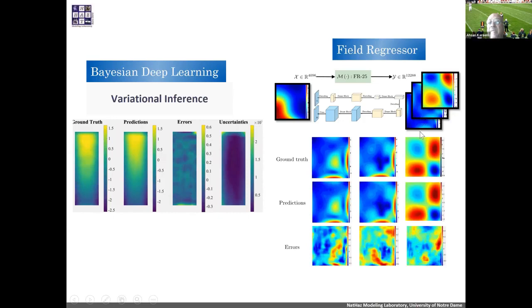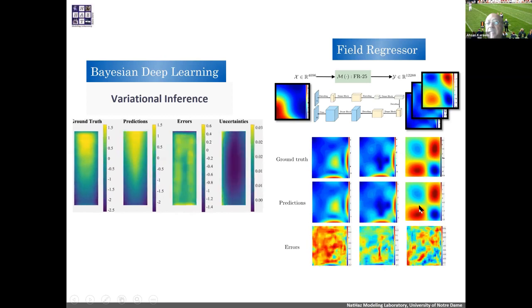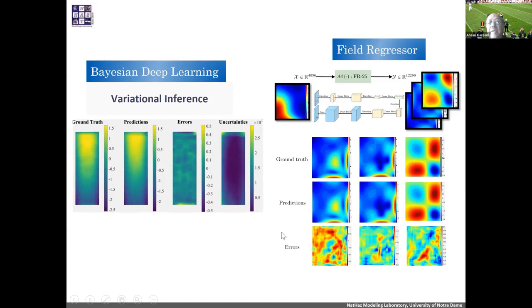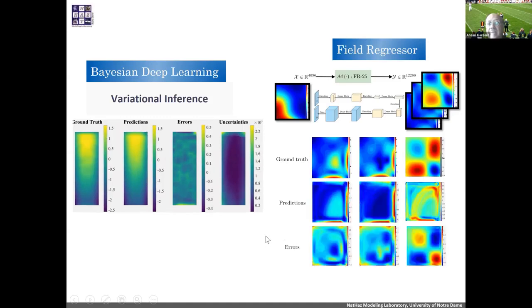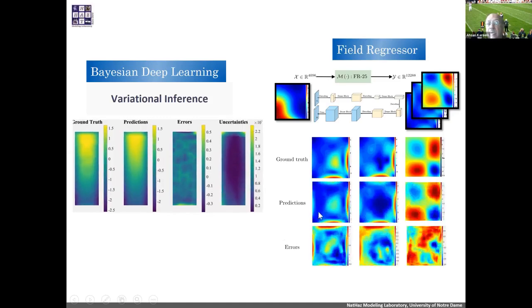One input could have multiple outputs. Here is an example. Here is the ground truth, and this is what we predicted using a field regressor, which again uses Bayesian deep learning and other machine learning tools. It also gives us the error in our representation. This particular example happens to be a plate bending under lateral pressure.